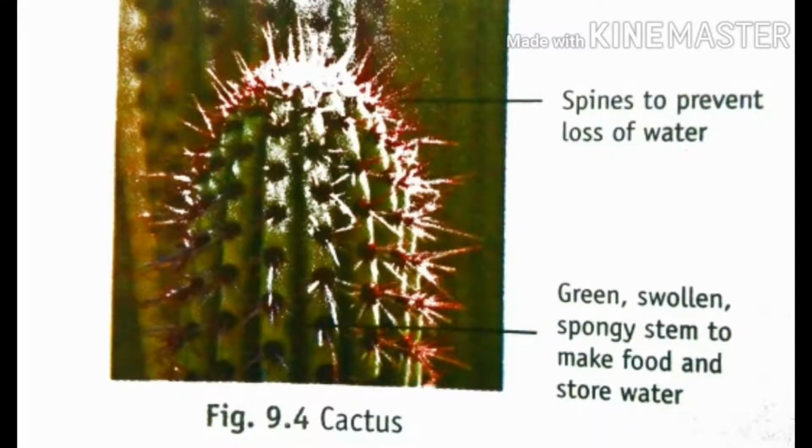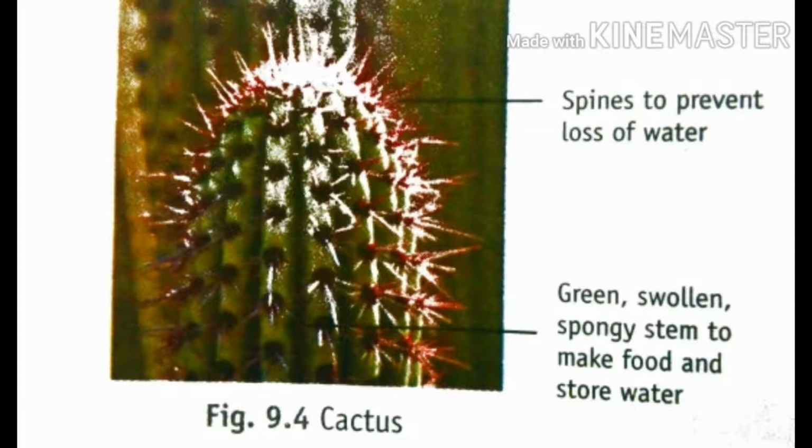Next we'll see adaptations. Adaptations are those structural and functional changes in an organism that help it live well and successfully in a particular habitat or surrounding. The specific features which enable a plant or an animal to live in a habitat are called adaptations.